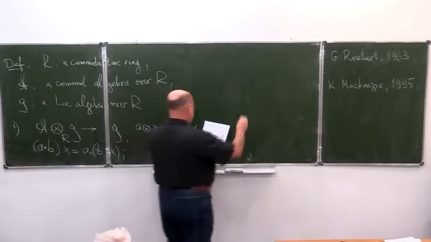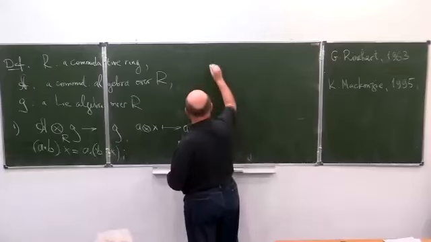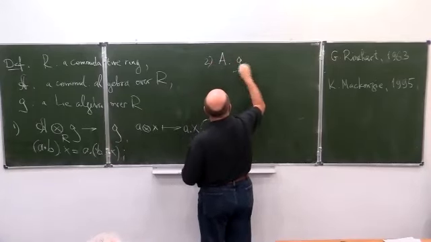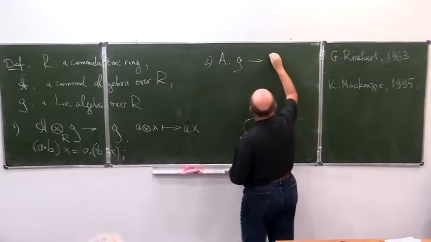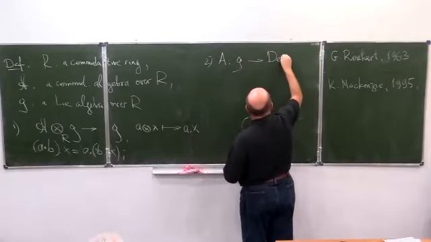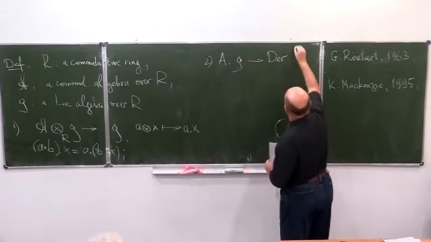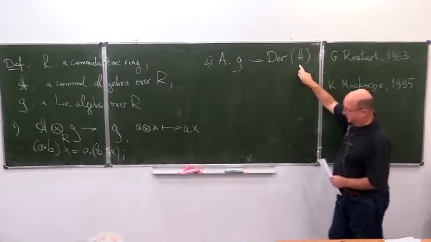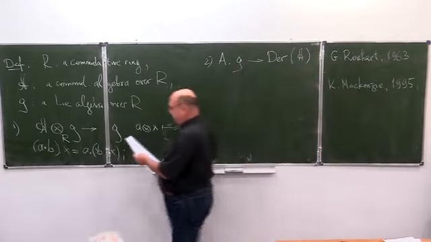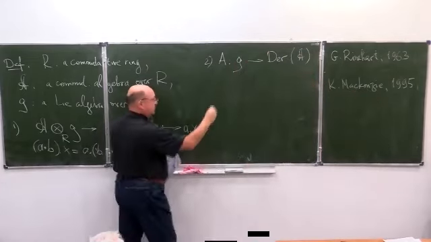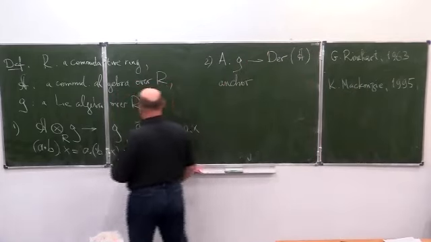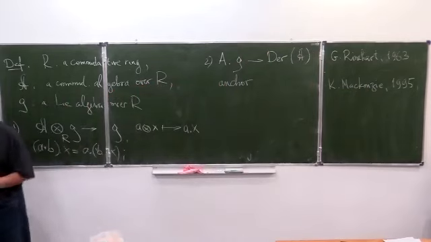The second structure is a map from the Lie algebra to the Lie algebra of derivations of the commutative algebra A script. This map is called the anchor. And the requirement is the following.